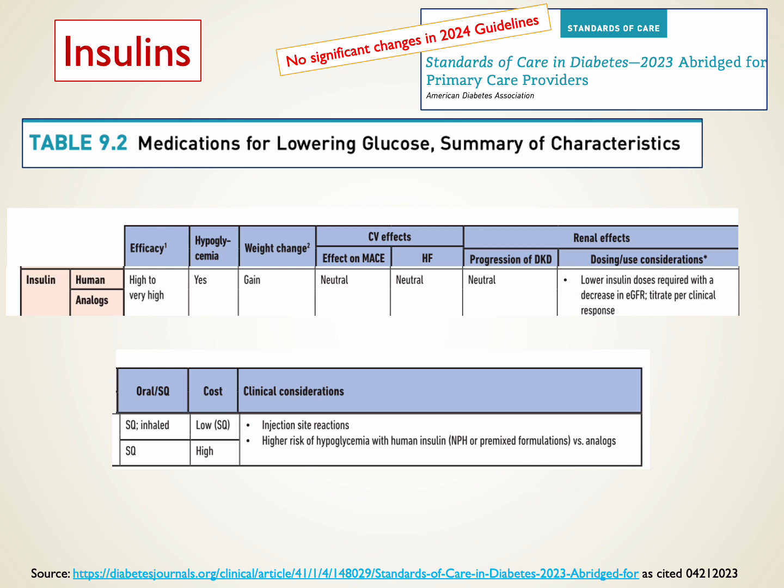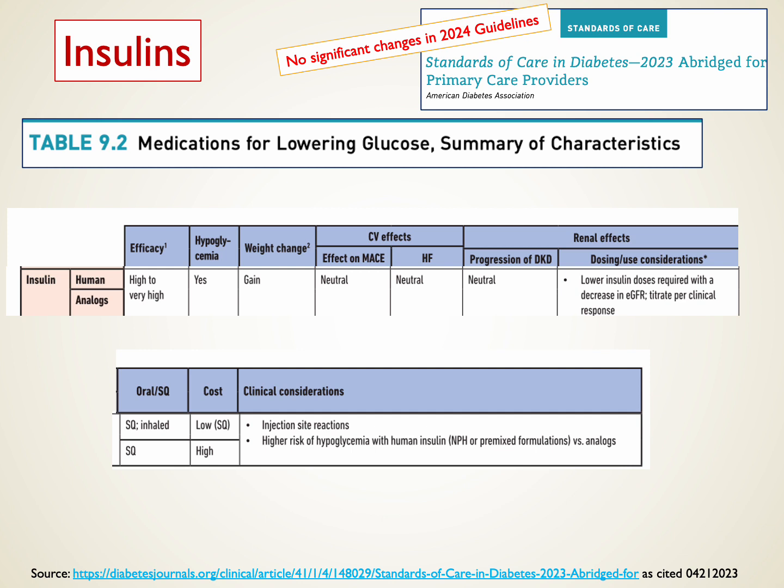But we now have a number of options in type 2, so insulin therapy is often delayed until we can demonstrate the maximal benefit from a number of these other agents. And that'll become a little clearer in the algorithms in a little bit. When you think about insulin, both human and the analog insulins, they're quite effective at getting glycemic control in place.